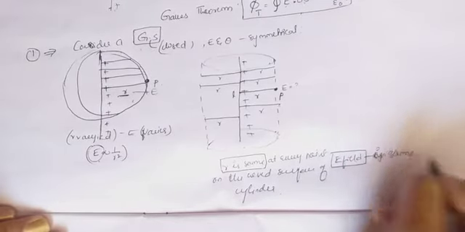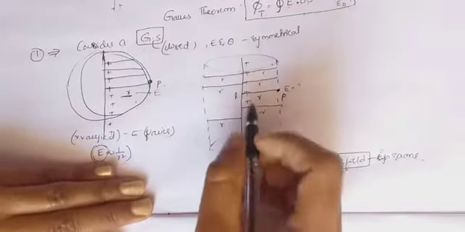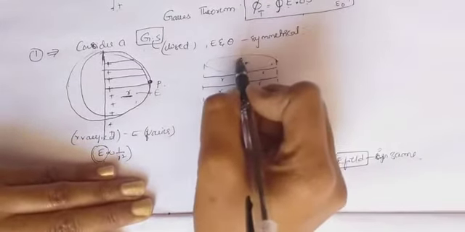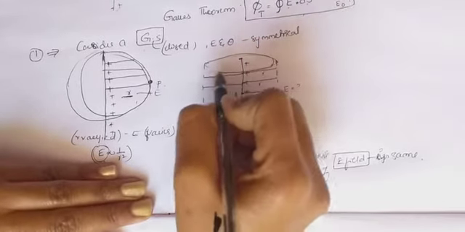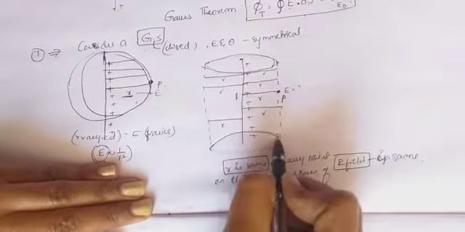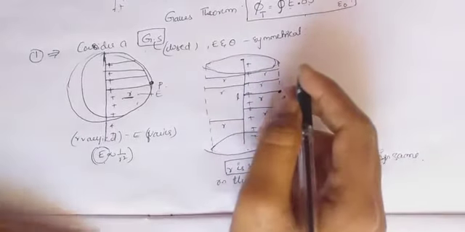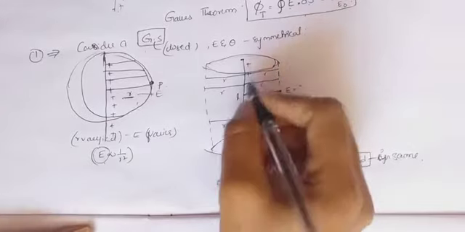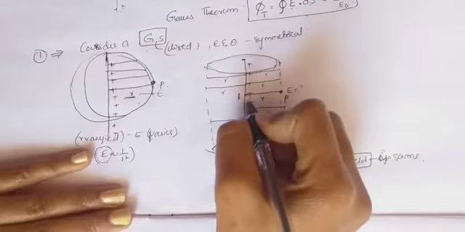Now see here. On the curved surface r is the same, but there are also the two flat surfaces of the cylinder. Now see here, this is the charged conductor. The electric field is in this direction.